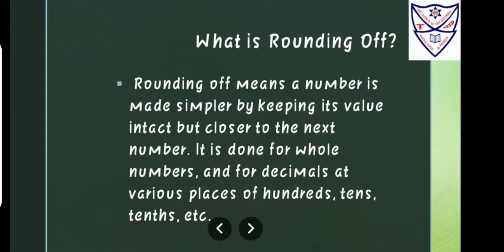How much will you pay to that auto rickshaw? If you want to round it off, you have two options, either you give 40 or you give 50, but we see that 49 is nearest to 50, so we can round off to 50. So we can round to the nearest whole number, and here different place values are given. With the help of those place values we will do rounding off.